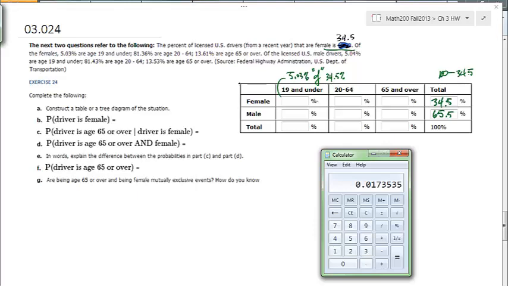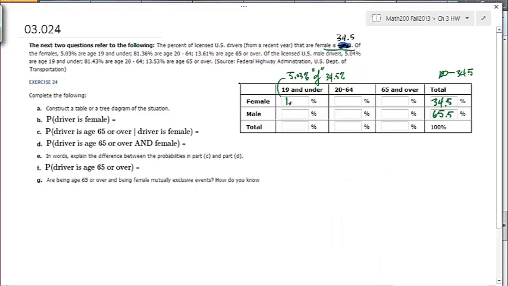Now they want the answer as a percentage, so we need to make sure that we make this into a percentage. So that would become 1.73 or 74. So let's write that down. 1.74%.